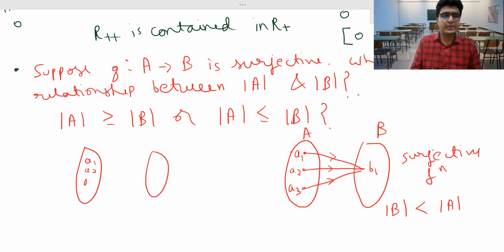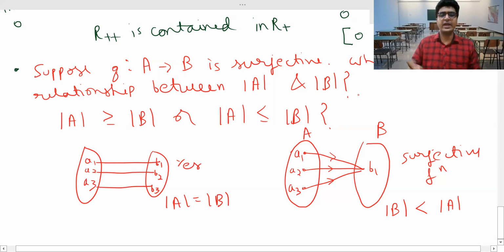A1, A2, A3, B1, B2, B3. If I map A1 to B1, A2 to B2, and A3 to B3, clearly it is a function and it is also surjective because each of them has at least one association. So we can have an equal number of elements in A and B as well.